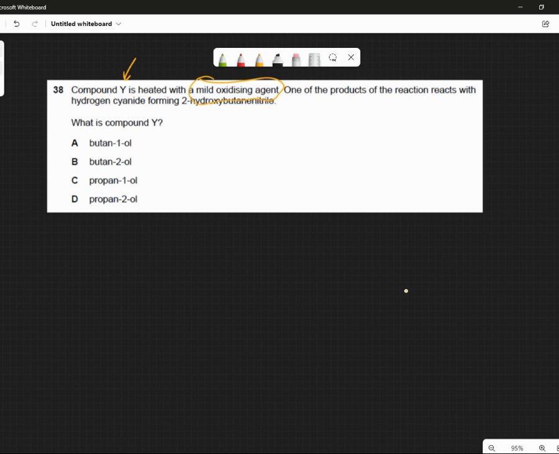One of the products of the reaction reacts with hydrogen cyanide. Now, on our course, hydrogen cyanide reacts with aldehydes and ketones to form these cyanohydrins, they're called. That's what it does.